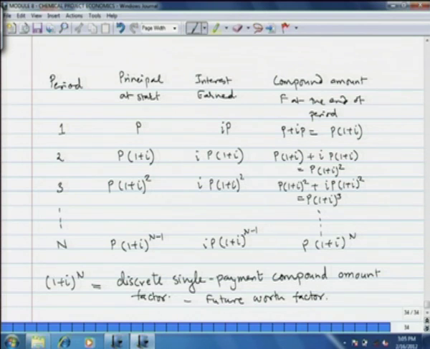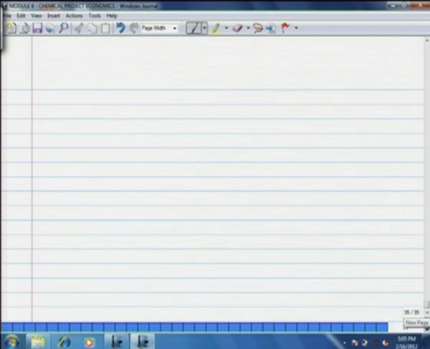Now, because of the compounding, the effective interest rate over a certain period is different than the nominal interest rate. So, that relation we shall see now, nominal versus effective interest rate.